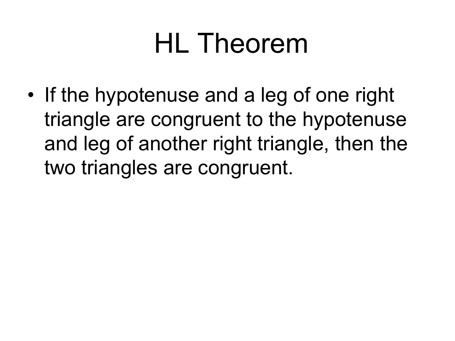So the hypotenuse leg theorem states that if the hypotenuse and a leg of one right triangle are congruent to the hypotenuse and the leg of another right triangle, then the two triangles are congruent.